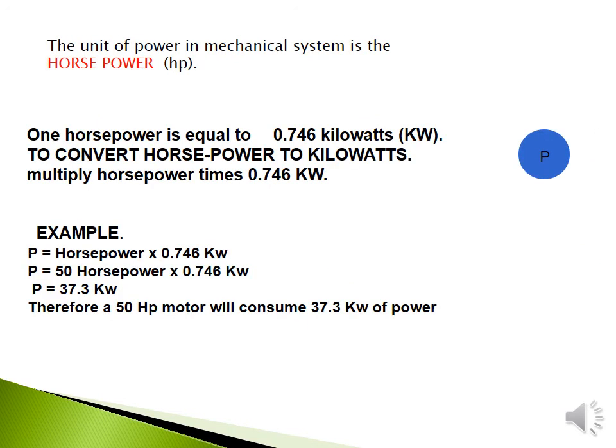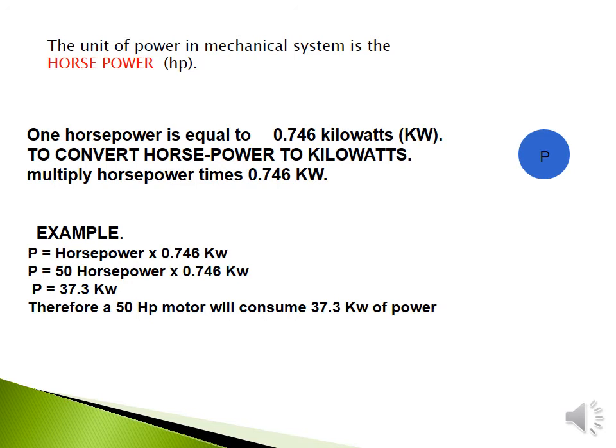Here we are going to see another example for power calculation. The unit of power in a mechanical system is horsepower. We already know this factor: 1 horsepower is equal to 0.746 kilowatt. To convert horsepower to kilowatts, multiply horsepower times 0.746 kilowatt.